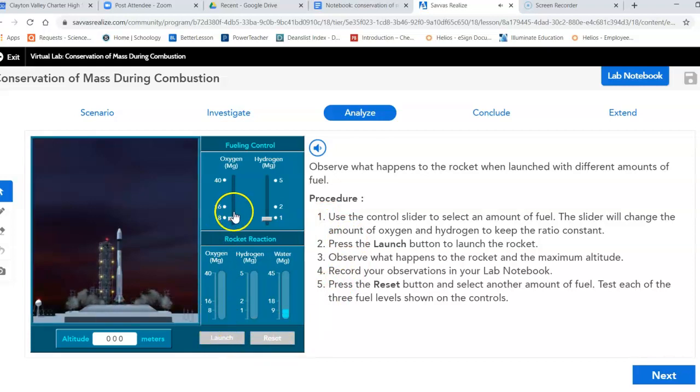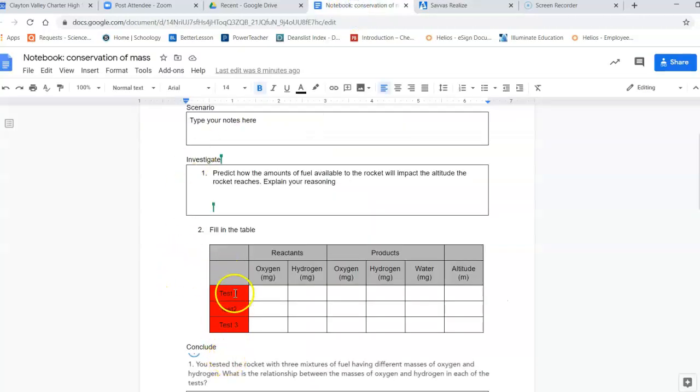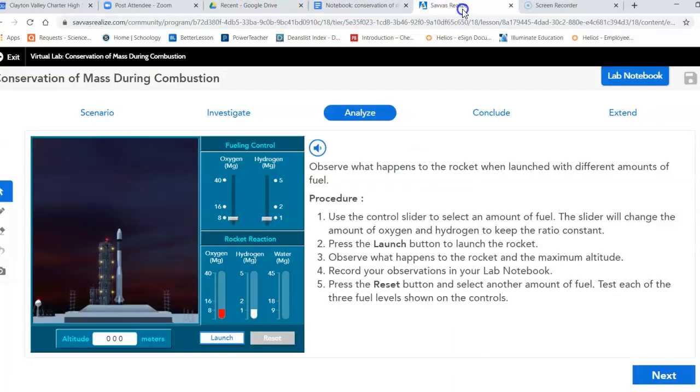Okay, so it didn't even leave the ground. So here's how high it went. Here's the amount of reactant. Here's the amount of product. So this is a second trial. We have 3 trials, right? The first one, the second one, and then we're going to go for the third one. So we tried the lowest, so we're going to try the highest.